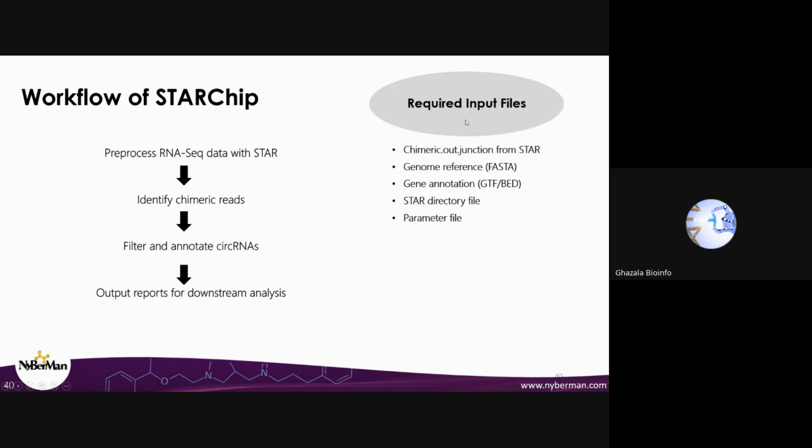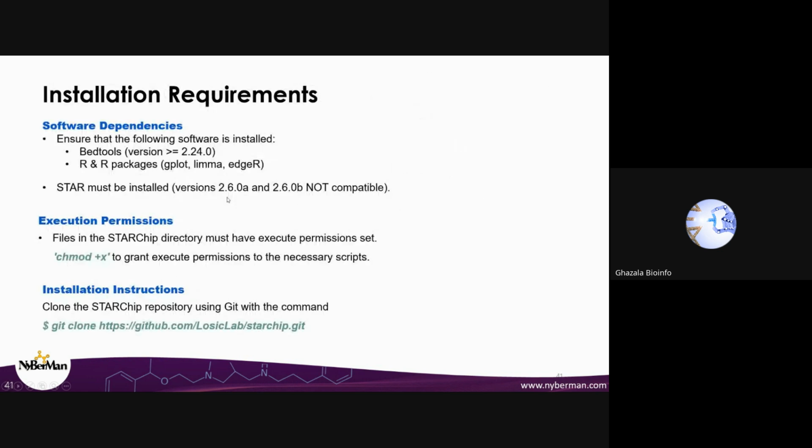For different parts of the workflow, we will need different inputs at each stage, and we will be generating these input files, like chimeric junction files and reference genome files, from different tools, and also downloading some from websites.